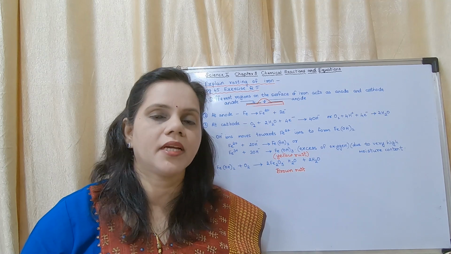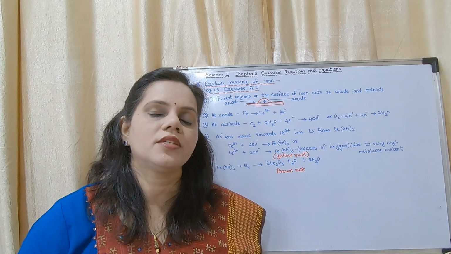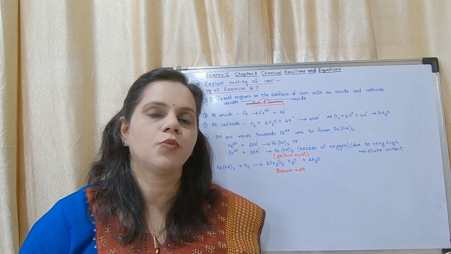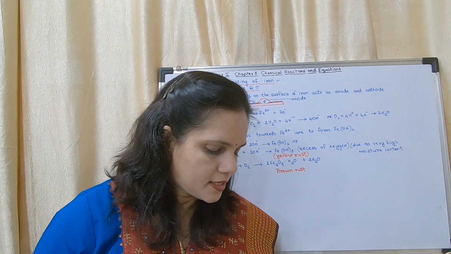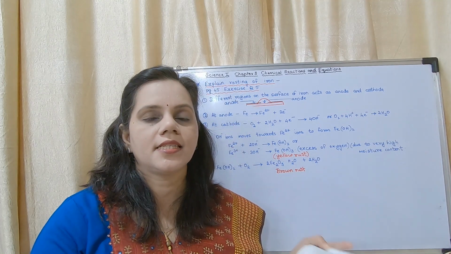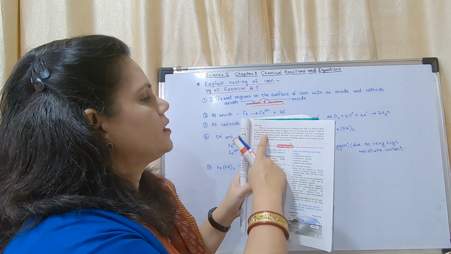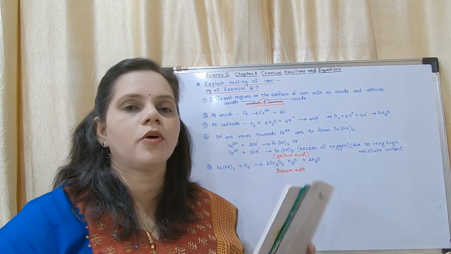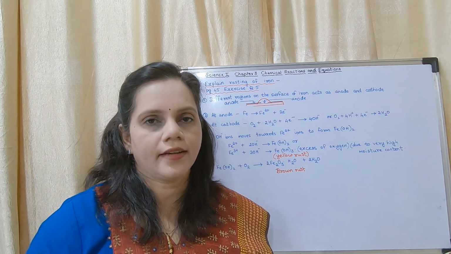Antioxidants are chemicals added to prevent oxidation. So this process of oxidation which causes spoiling of oil is called rancidity. It is an answer given on page number 45, there are 4 points. If you have a question on rancidity, you will have to write it.